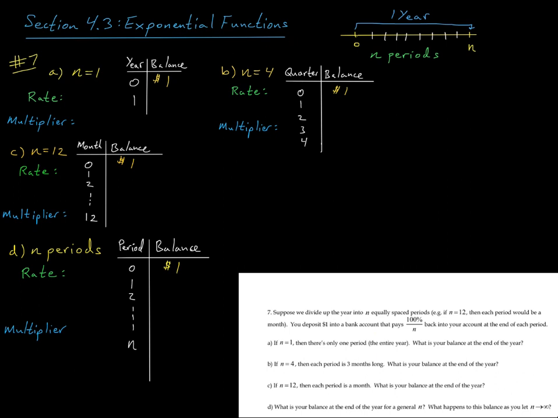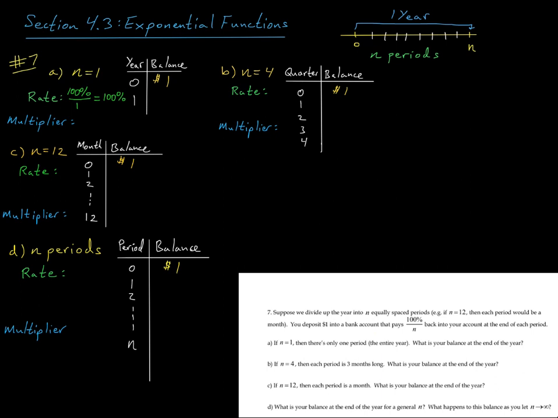In other words, the period is the full year, and what we're looking to do is find our balance at the end of the year. So our rate here, according to this rule, is going to be 100% divided by 1 in this case, which is just, of course, 100%.